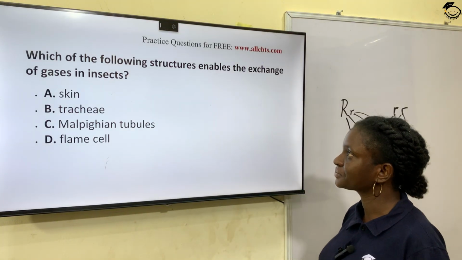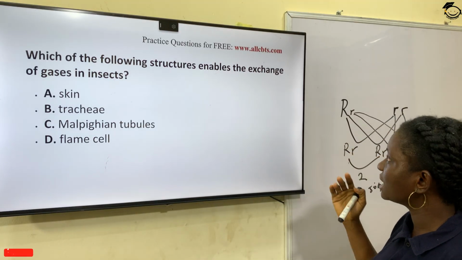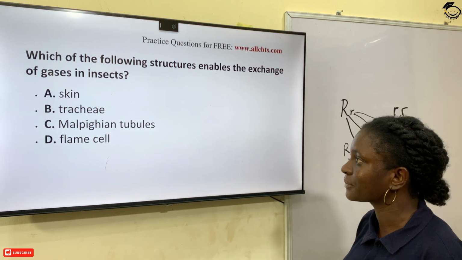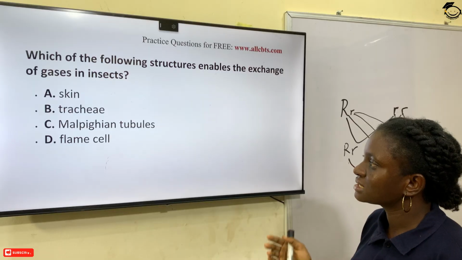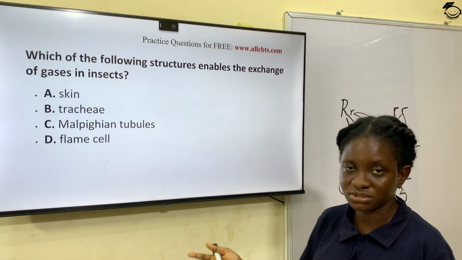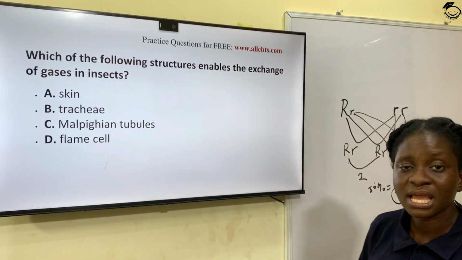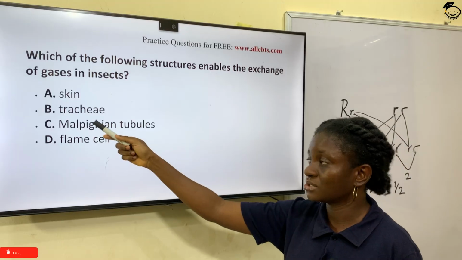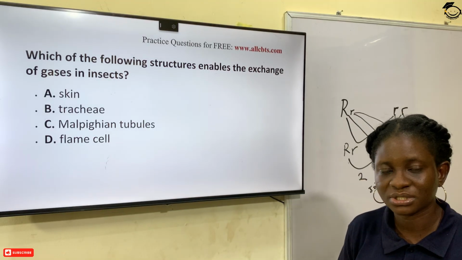Next question. Which of the following structures enables exchange of gases in insects? A, skin. B, trachea. C, Malpighian tubule. Then D, flame cell. The structure that enables exchange of gas, mainly found in insects, is known as the trachea. Oxygen is not transported through blood.